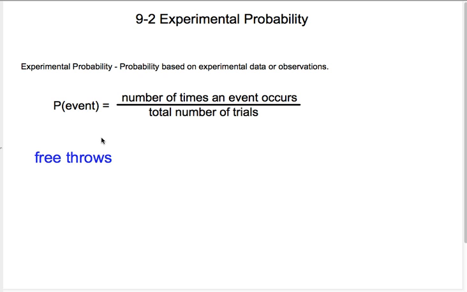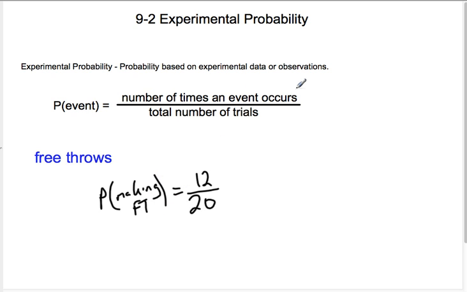So for experimental probability, the probability of an event is the number of times an event occurs over the total number of trials. For instance, if we talk about free throws, if in a game someone takes 20 free throws, so that would be the total number of trials, and makes 12 of them, okay, so the probability of making a free throw, making FT, is 12 over 20.